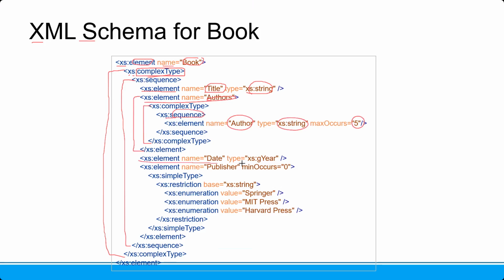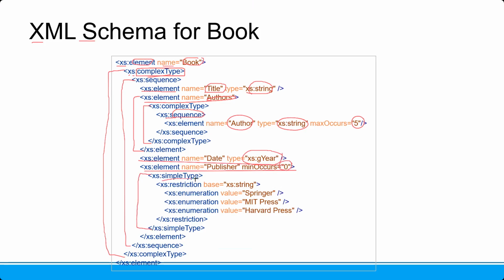The next element is date, and we have the data type as year. And the next element is publisher with the minimum occurs 0. It means if you have no publisher, no problem. And there will be an option.